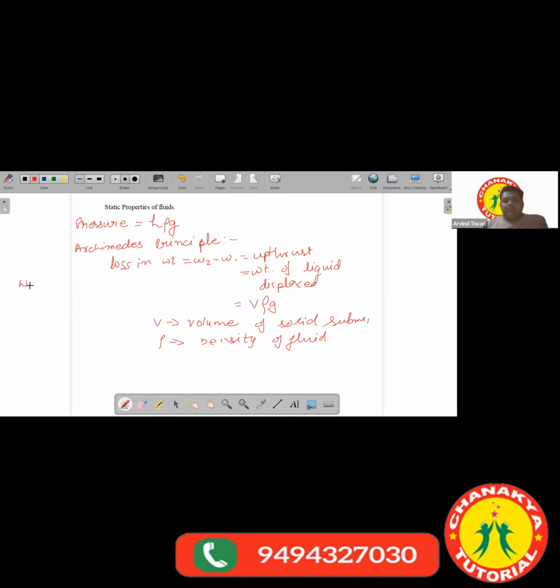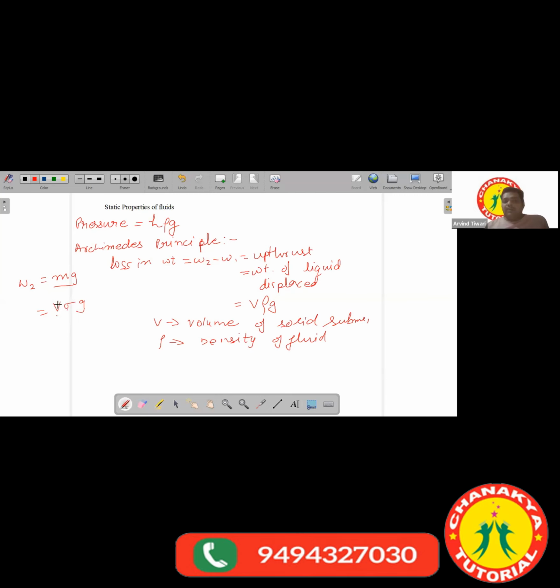Since the weight of the liquid will be equal to mass multiplied by g, and mass can be given as V multiplied by sigma, where sigma is the density of the substance. And here this V represents the complete volume.